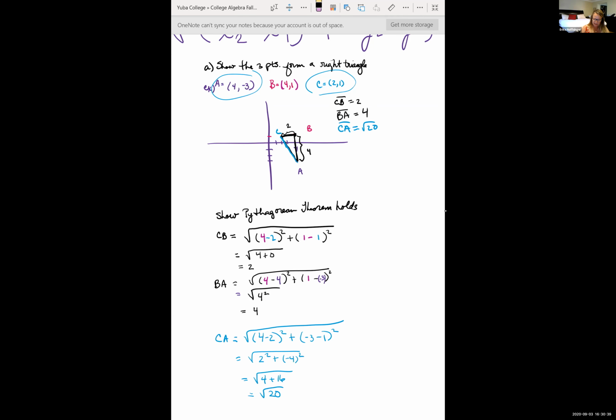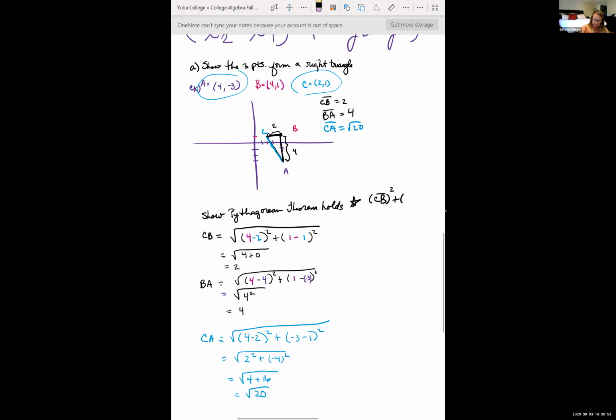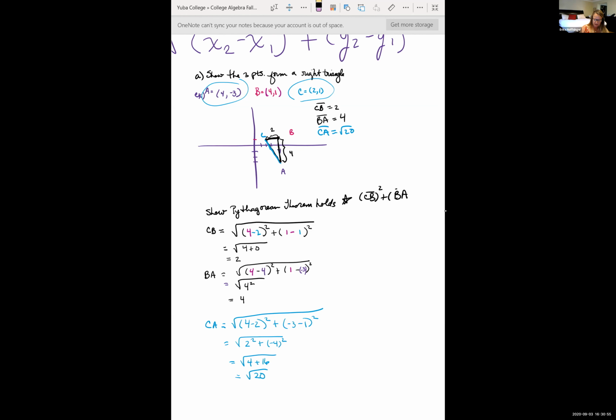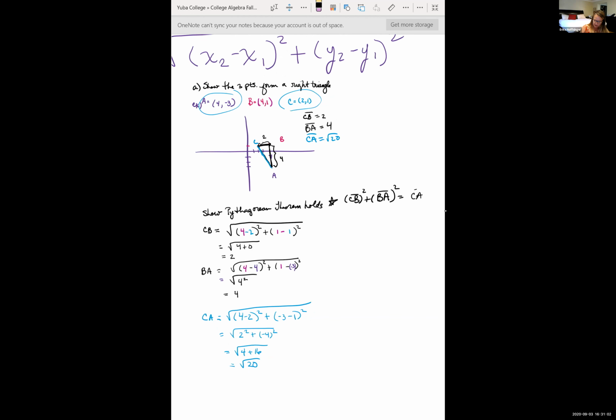So we need to show that this holds true. So we're showing that if we squared the length of line CB and summed it to the length of line BA, we just found, and squared this, this must equal CA, the hypotenuse. Okay, so CB, this is 2 squared plus BA, which is 4 squared.